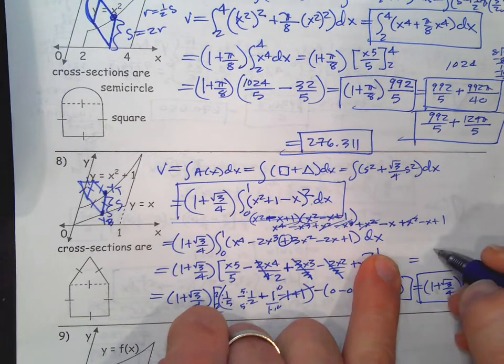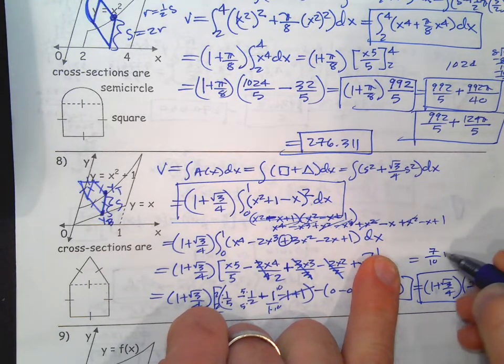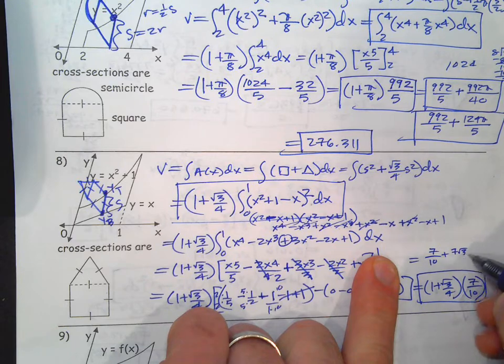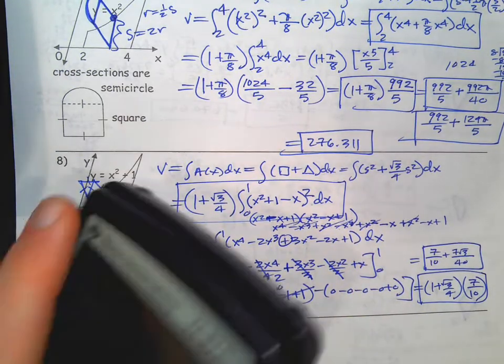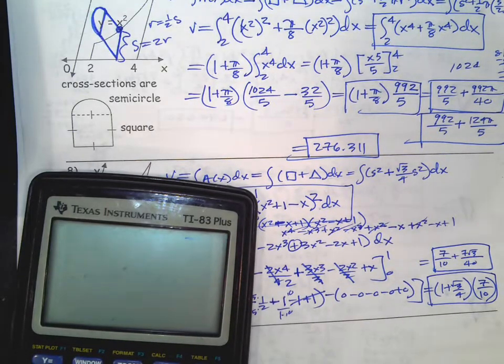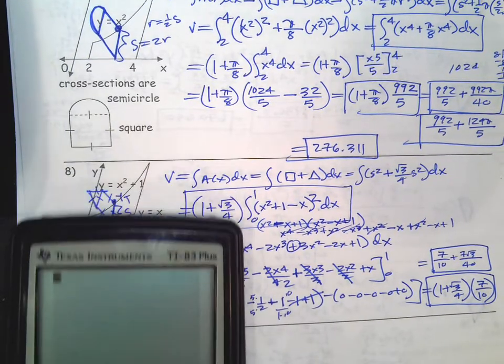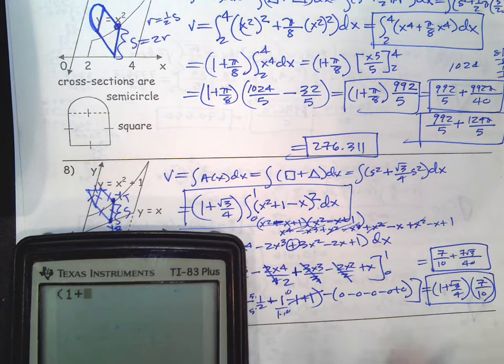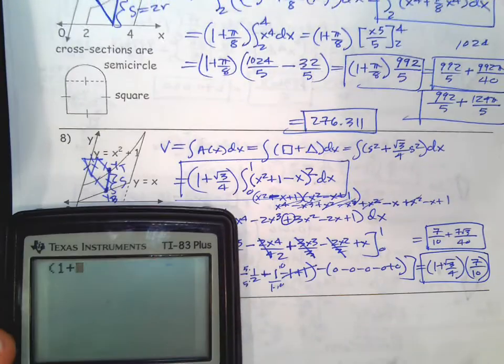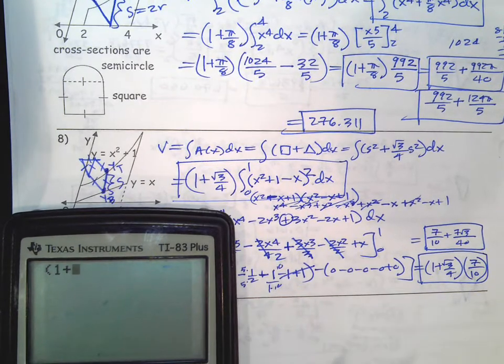We could distribute it: 7 tenths plus 7 root 3 over 40. And check it on a calculator. So let's try this. Parentheses 1. You didn't have to factor stuff out, but it does make it quite a bit simpler to type in.